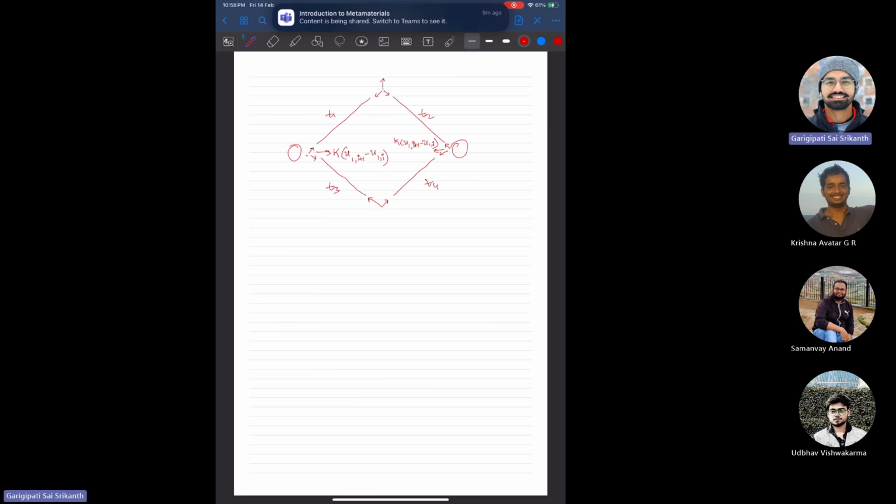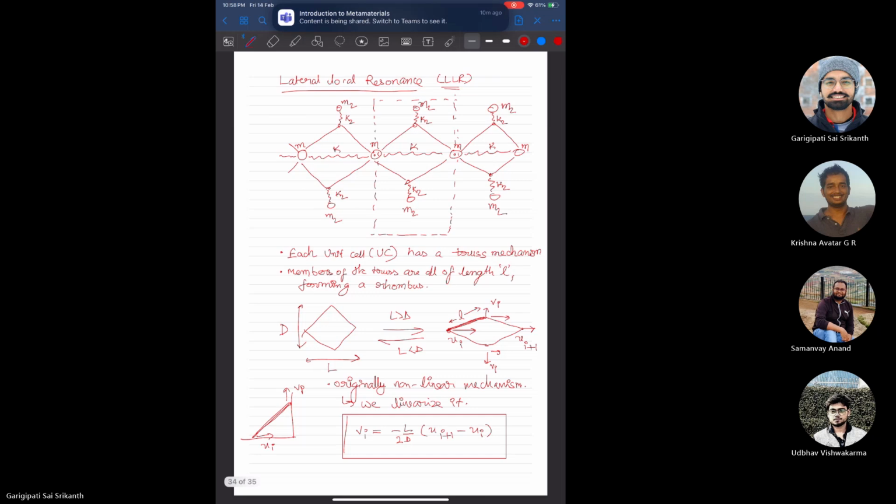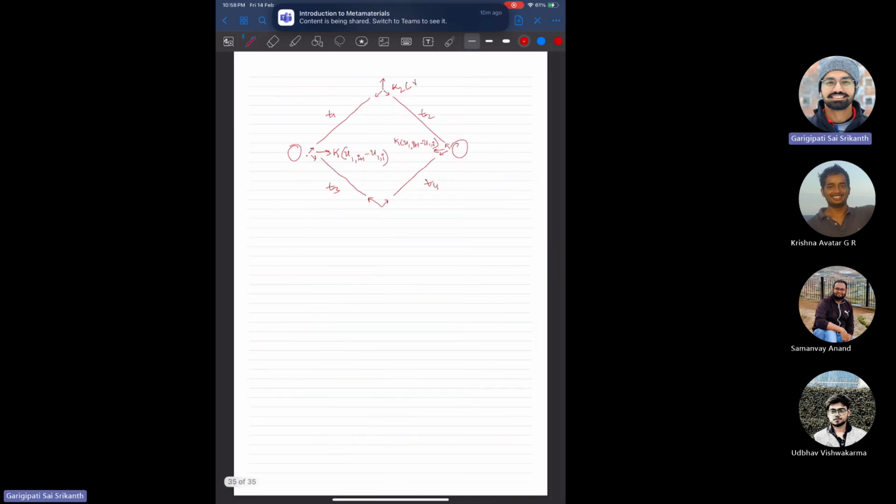And then there will be one force here that will be because of the K2 spring. So this is, let's say, V2. If that is V2, then K2 into V2 of i minus V1 of i.